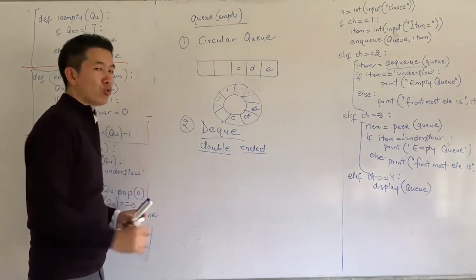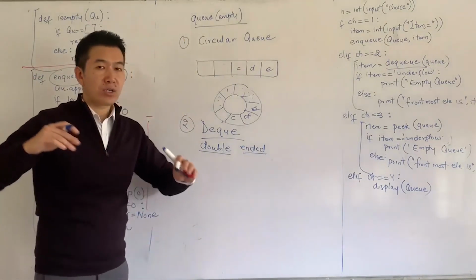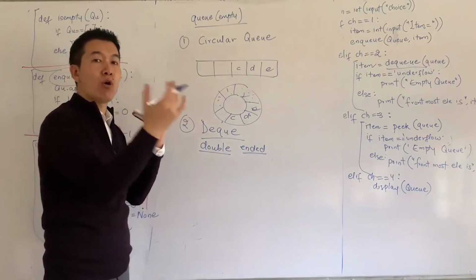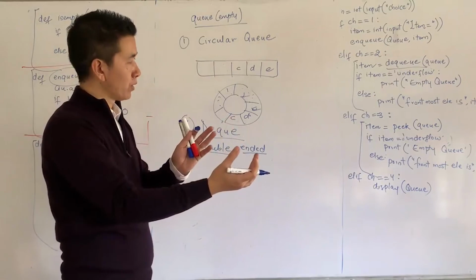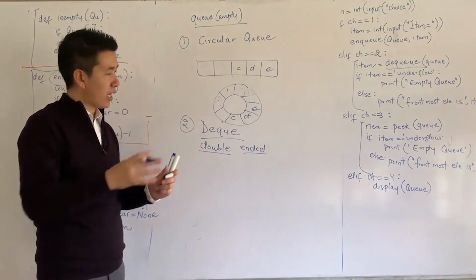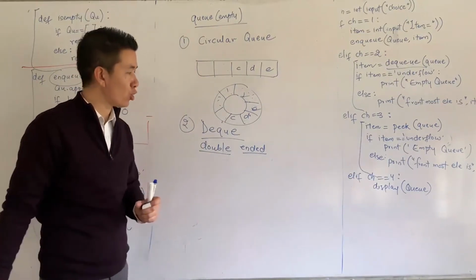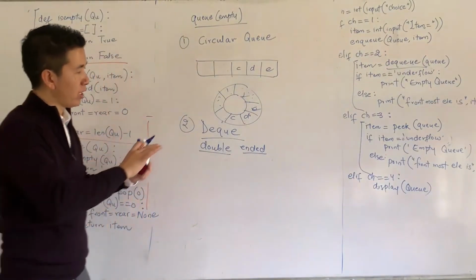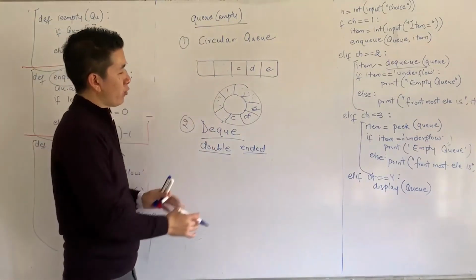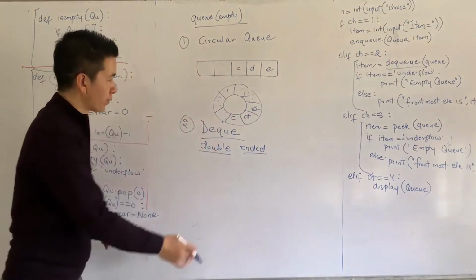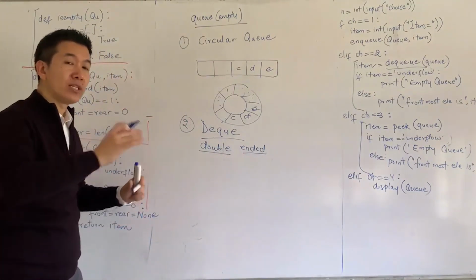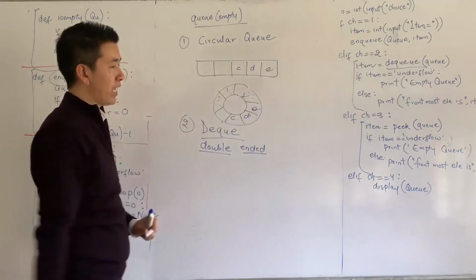And in this particular variation, you can have insertion as well as deletion at both the ends of the queue. As of your curriculum, you don't really need to understand how this operation takes place. All you need to know is just the basic overview of what circular queue is and what DQ is. So in double-ended queue, as the name suggests, the insertion and the deletion can take place at both ends.